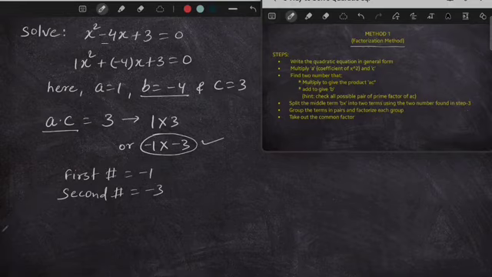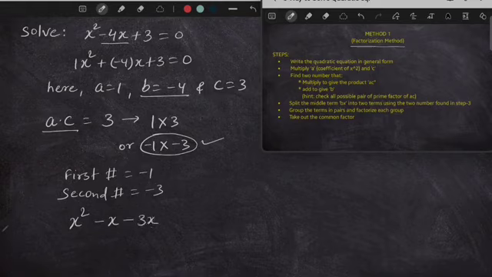So x square and minus 4x can be written as negative x and negative 3x, and the third term plus 3 equal to 0.